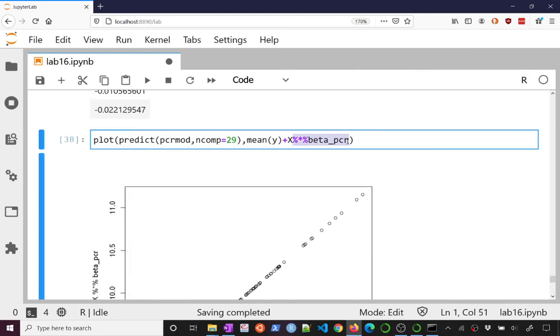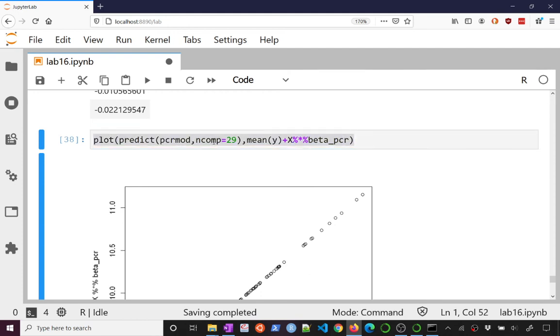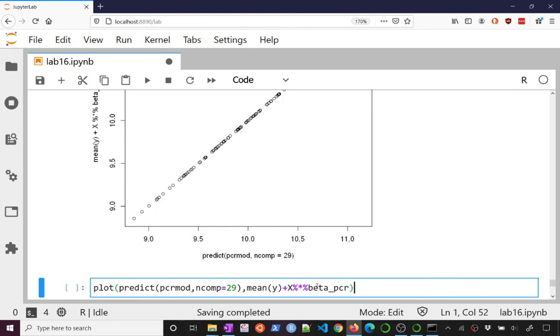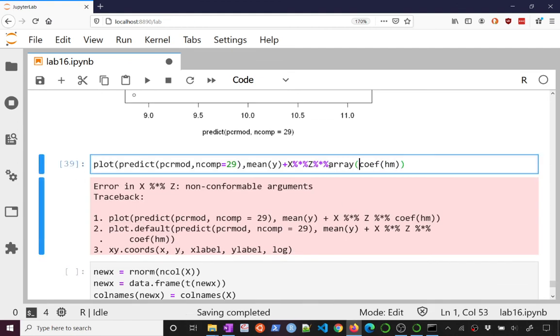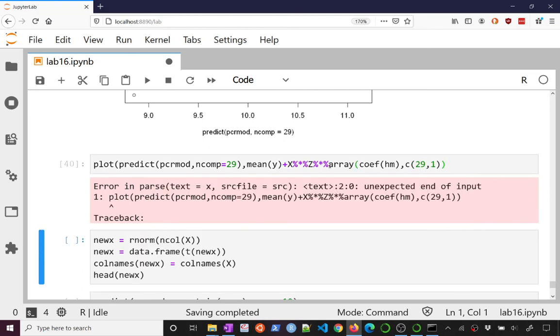So this beta PCR, I guess the other way here would be, we had what was called gamma, but that's just V times the coefficients of my hand-fit model. And assuming these are not going to be the right size, let's just make this a 29 by 1 array.